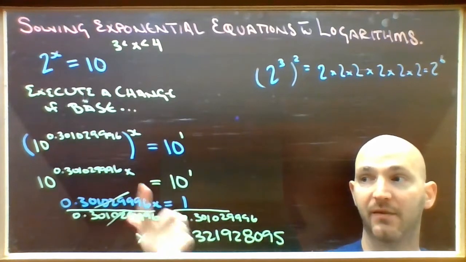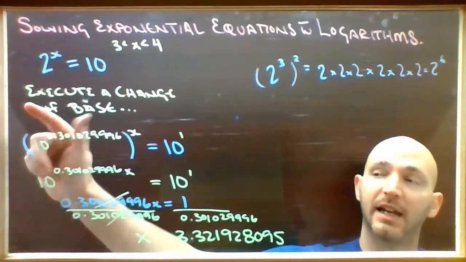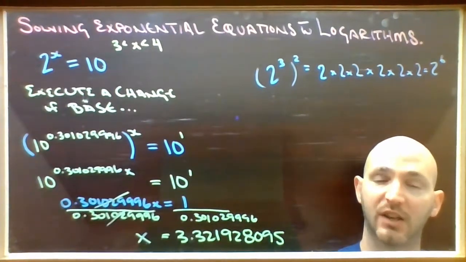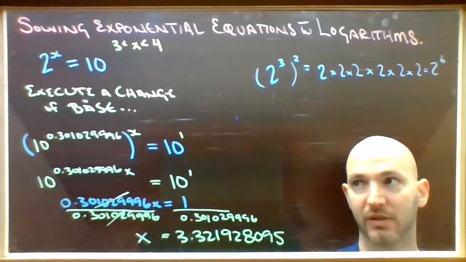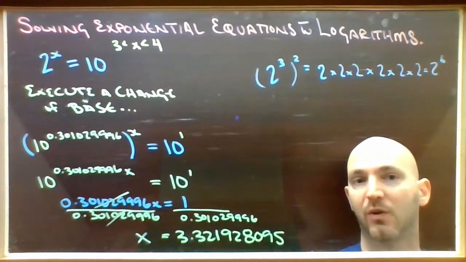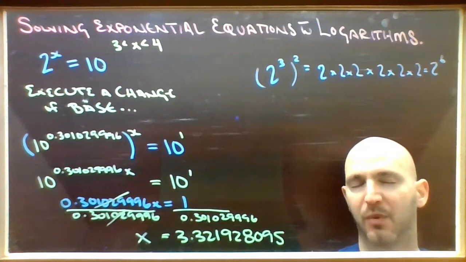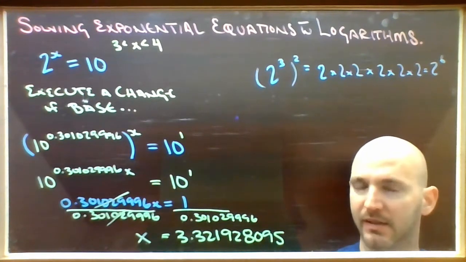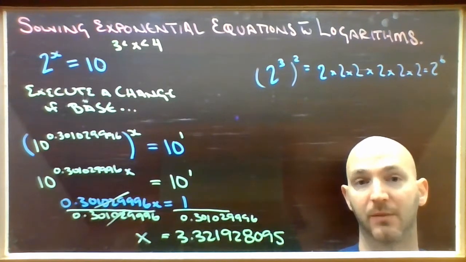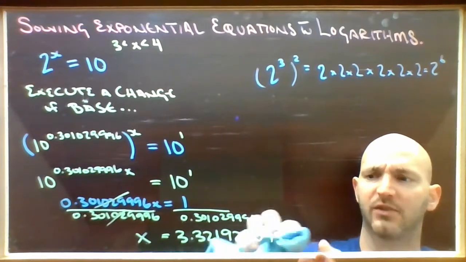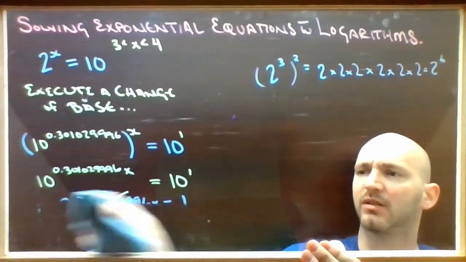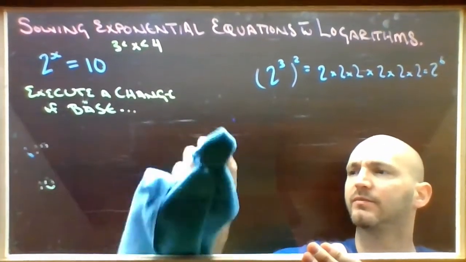But because I have these logarithms now, and I can use them to execute a change of base, I'm able to solve any exponential equation, like this one, no matter whether it's a perfect power of 2 or power of 3, etc. And there's no guessing and checking. I'm just flat out calculating it. So let's try a few more examples of that, just to make sure it makes sense.